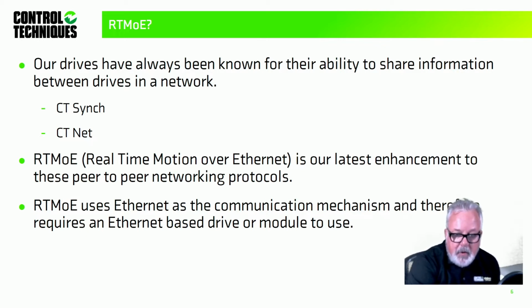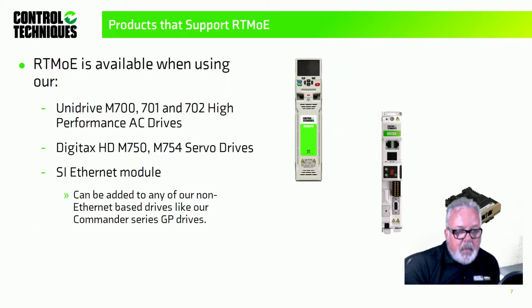In order to use Ethernet, of course, you have to have an Ethernet-enabled drive or an Ethernet application module to use this protocol. This protocol is available using our M700, M701, and M702 high-performance AC drives.